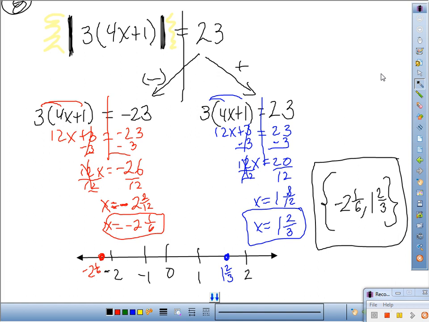Let's do example Q, just to finish this section off. I'll wait 10 more seconds. Okay, we're good? All right, example Q. Copy this on your paper.